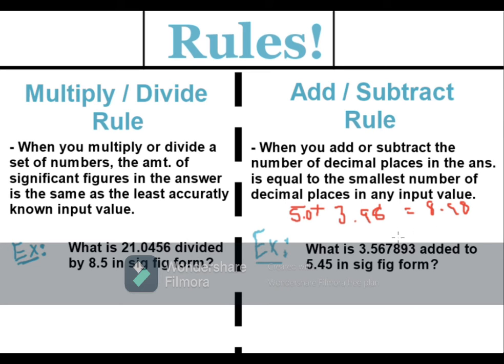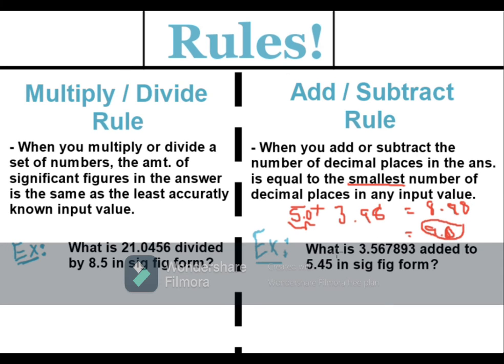If you want to write it in significant figure form, it says the smallest number of decimal places. The smallest here is 5.0, which has only 1 decimal place. So you'll want to round this 8.98 to 9.0, since you can't round to 8.9, since the 8 is greater than 5. So you have to estimate the 9 as a 10, which makes it 9.0 instead of just 8.9. So 9.0 is the answer for this.